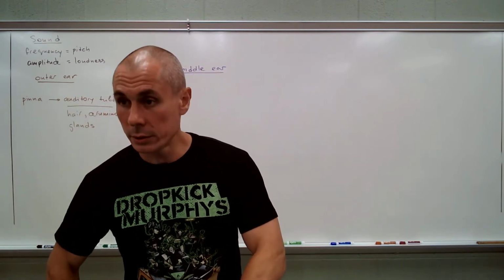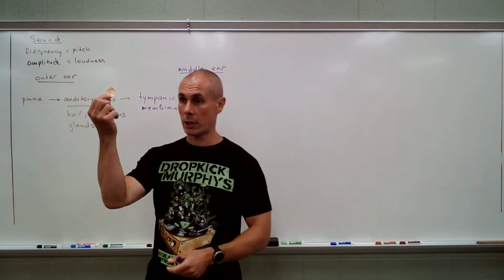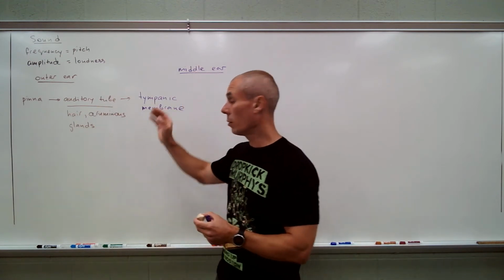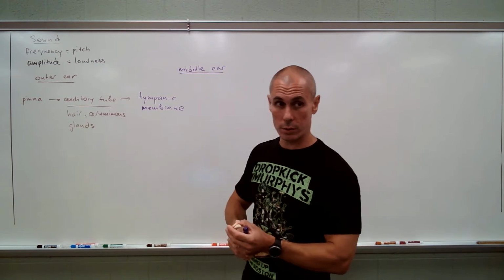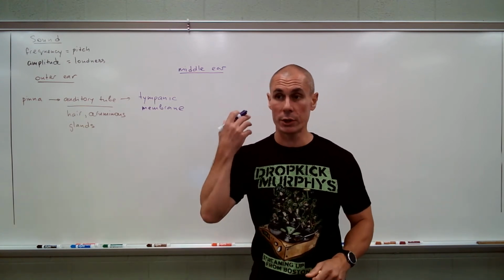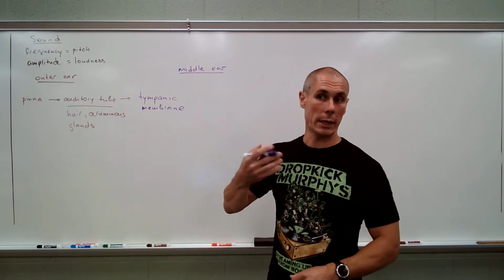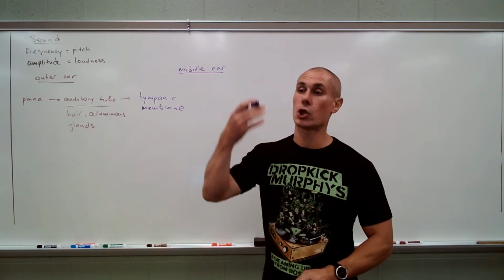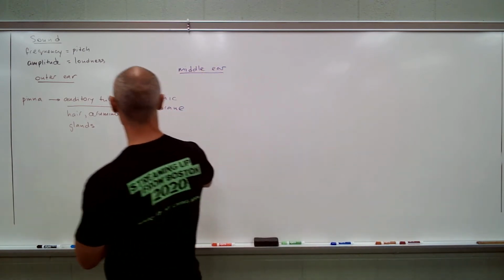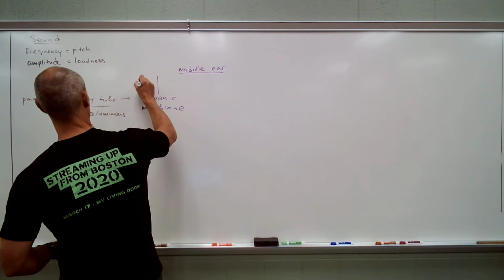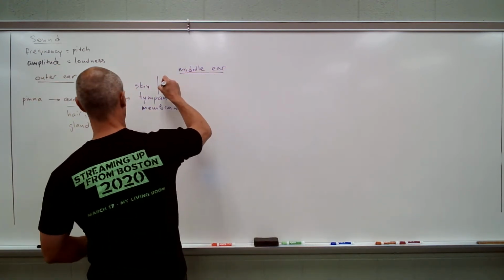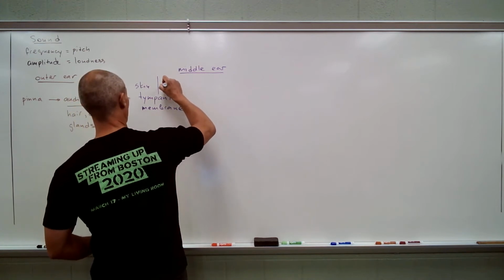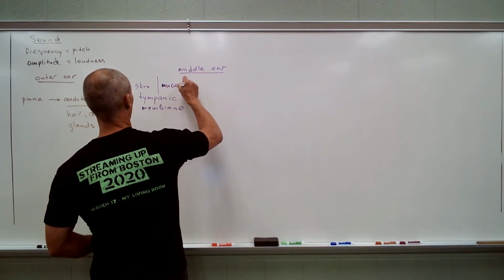So here in the model you can see the tympanic membrane right here. The part of the tympanic membrane that faces the auditory tube is covered with skin. So if you look into a healthy ear, you will see that healthy pinkish skin covering of the tympanic membrane. The inner surface is covered with mucosa.